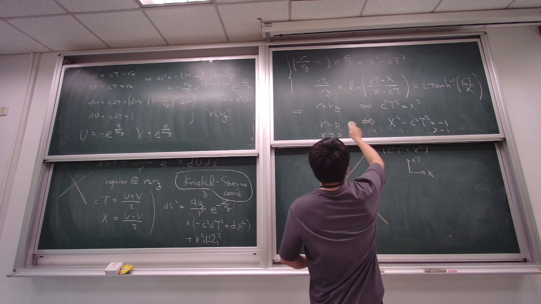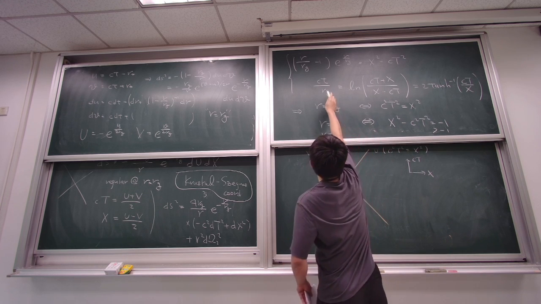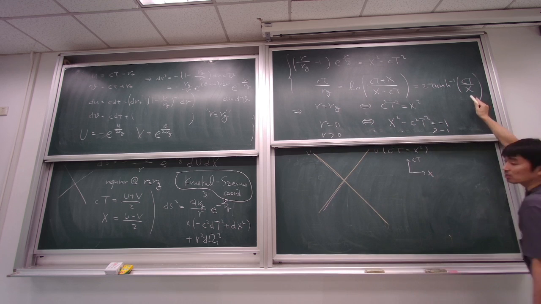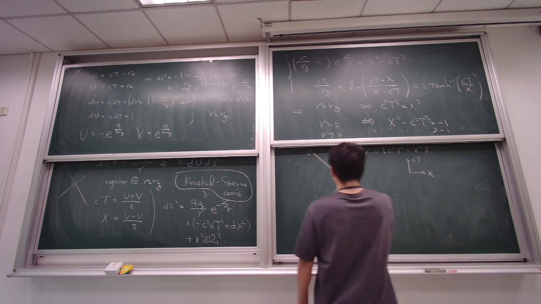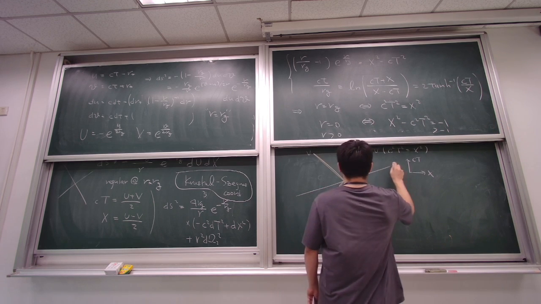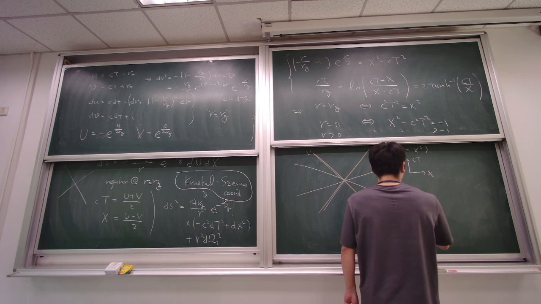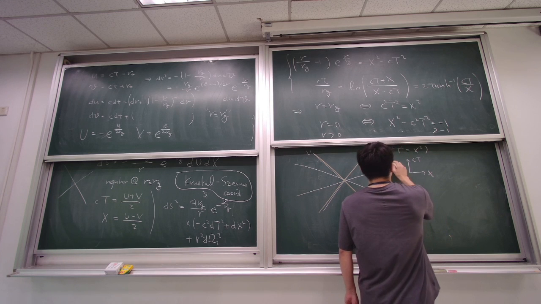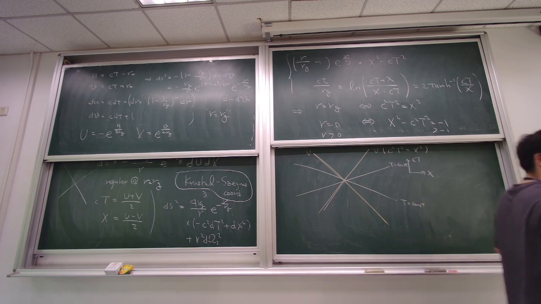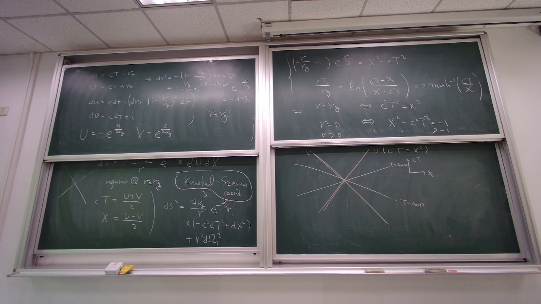And then, as I mentioned, when t is constant, ct over x is constant, which means that all the t constant lines are something like this kind of line. So this is t equal to constant, and this is t equal to constant. Okay, so these are the small t constant lines.